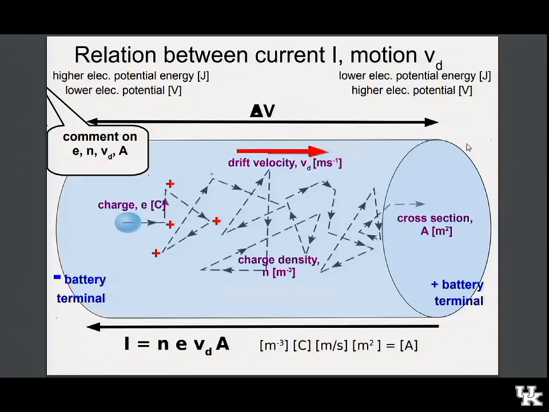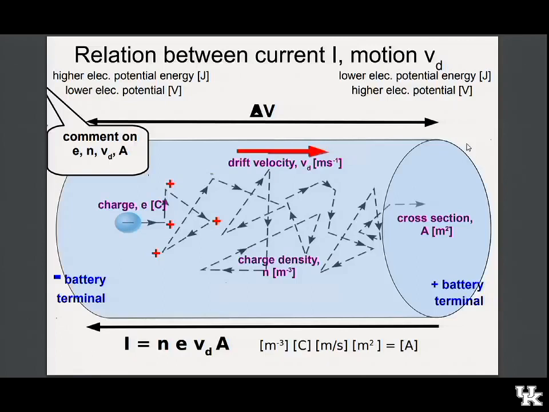The electrical current is that quantity I. The drift motion of the electrons is a quantity we call V subscript d, the drift velocity. So this slide summarizes the relationship between the macroscopic picture of the current flow, in coulombs per second, amps, and the microscopic picture of the mobile charges, which is described by their velocities, V subscript d.